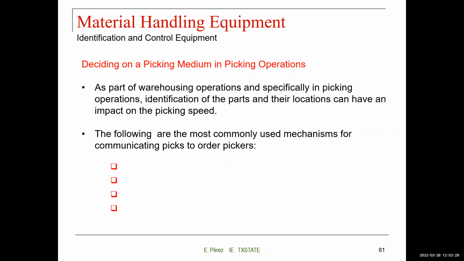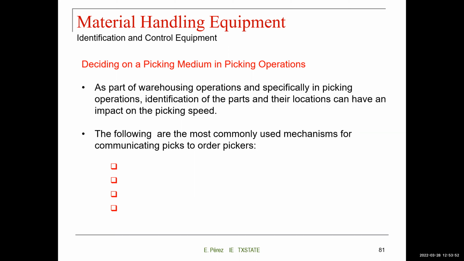As part of warehousing operations, specifically in picking operations, identification of the parts and their locations can have an impact on the picking speed. So again, if you're in the business of making sure that customers get the best service, one of the things used to measure service quality is time, right?